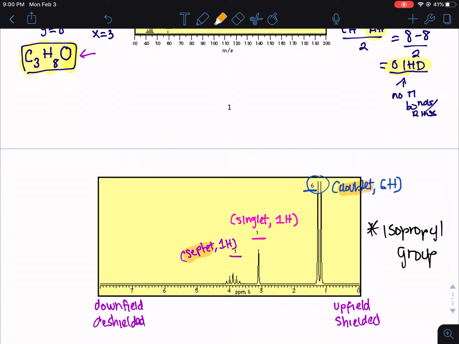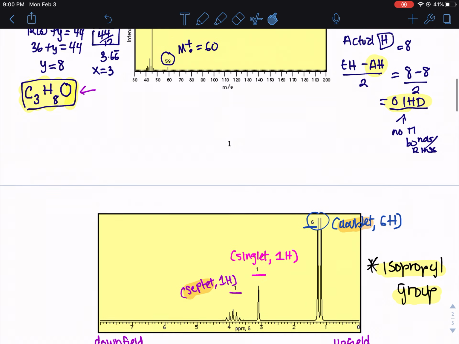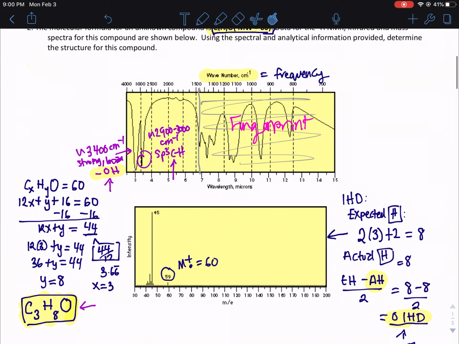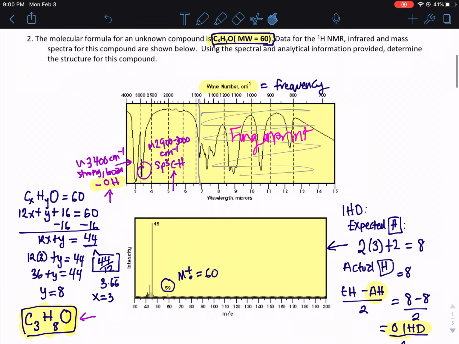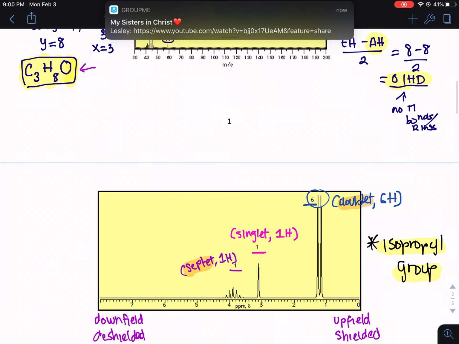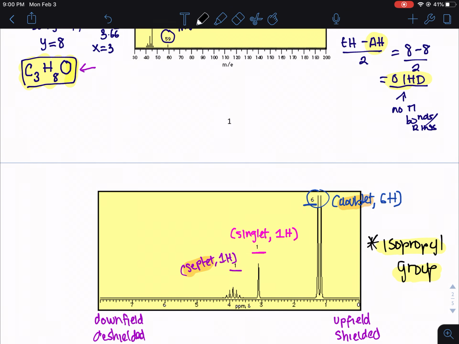Let's highlight that: a doublet and a septet in the same spectrum. Okay, let's put everything we know together. We go back to our IR. We know that we have an OH group, so let's put the OH group first. So this is a possible structure.